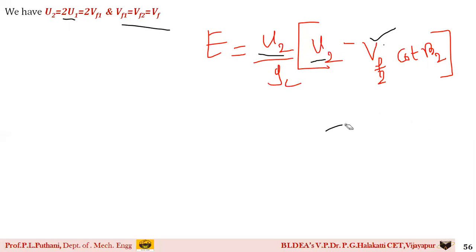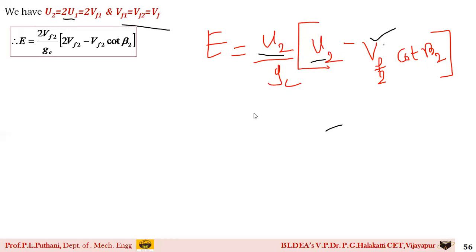Let us see what we are going to get. As I told, u2 is equal to 2u1, that is equal to 2vf2, and these are all flow velocities, that is the radial velocity, which is constant throughout. So vf2 is equal to vf1 is equal to vf.